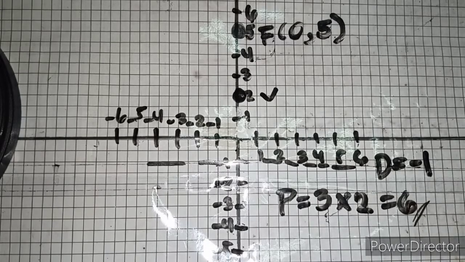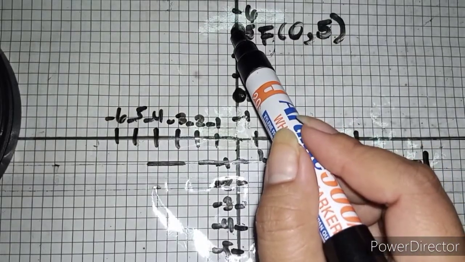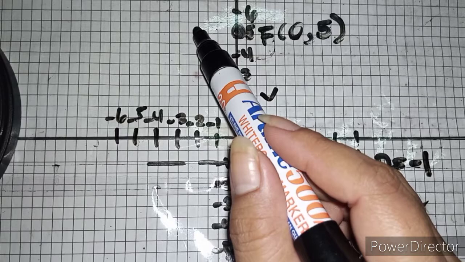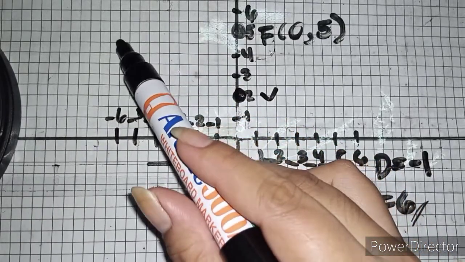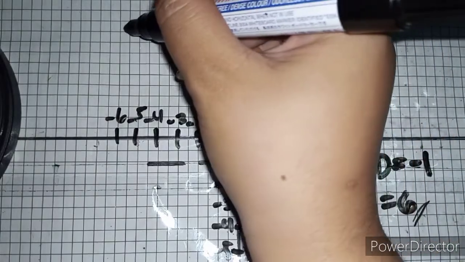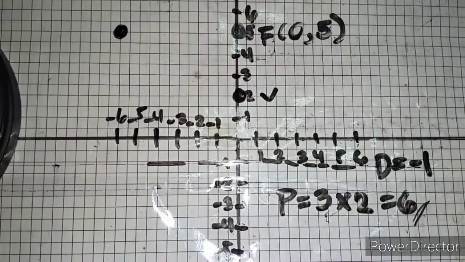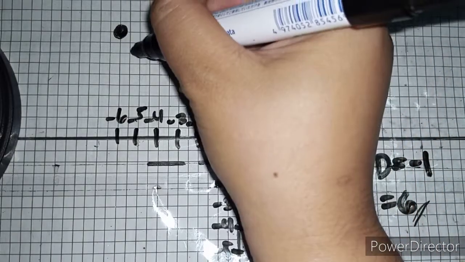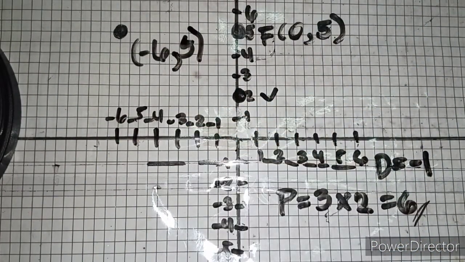Let's count. From the focus, we count 6. We have 1, 2, 3, 4, 5, and 6. So, it is here now. The first latus rectum endpoint is at (negative 6, 5).